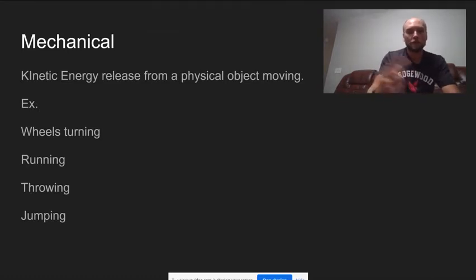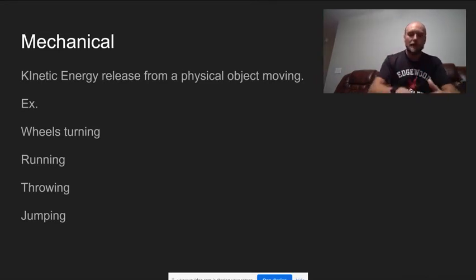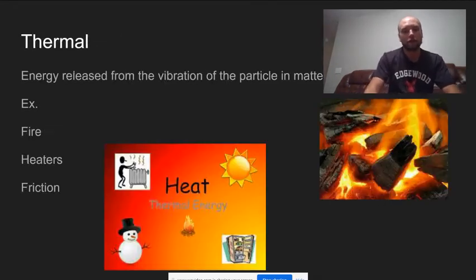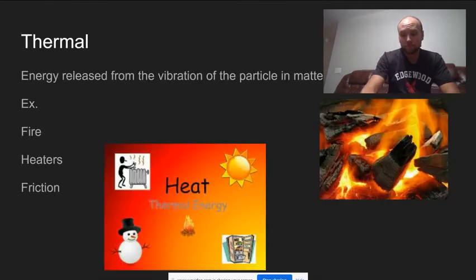So think wheels turning, if you're running, throwing, jumping, if you've got gears turning, anything where the physical object is moving is a type of mechanical energy. Sorry that I don't have a picture here, everyone. So, make sure you have those examples down, and then try to think of an example of mechanical energy and try to draw a picture of that.